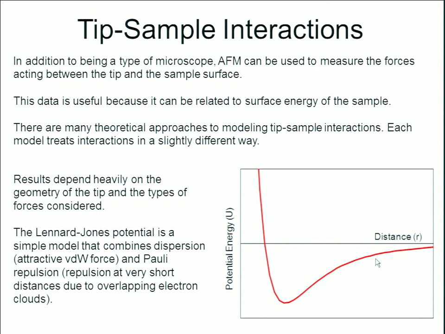So the electron cloud of one atom will be attracted to the positive nucleus of the other atom. And that continues as we get closer and closer, but then eventually we get into kind of a null region where the forces balance out. And if we continue to force the cantilever closer to the sample, then we'll have repulsive forces getting larger and larger.